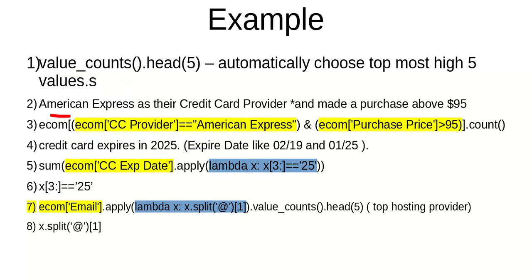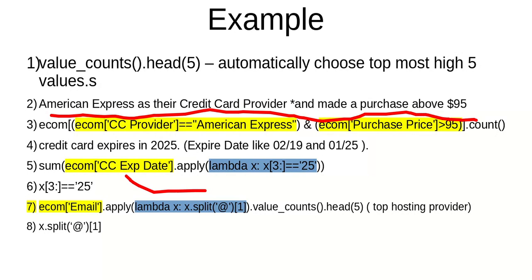That's the one thing. Then, credit card expiring in 2025. The input will be given like 2019. So first we need to identify the column that has the expiry value. First we get the value, then apply a lambda with x, and in the x it is considered as a string.